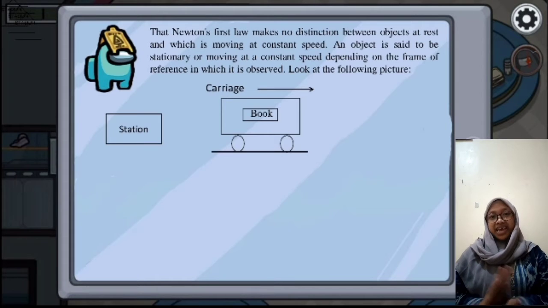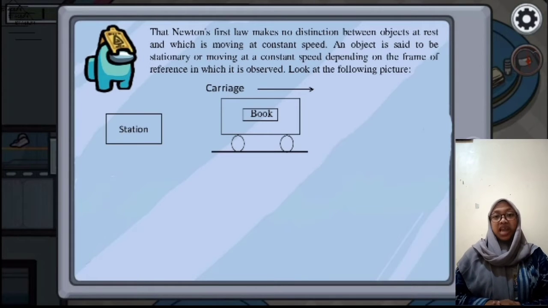Okay, next. Newton's first law makes no distinction between an object at rest and one moving at constant speed. An object is said to be stationary or moving at a constant speed depending on the frame of reference in which it is observed.